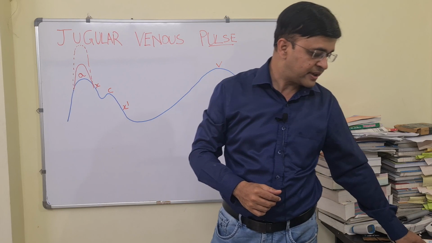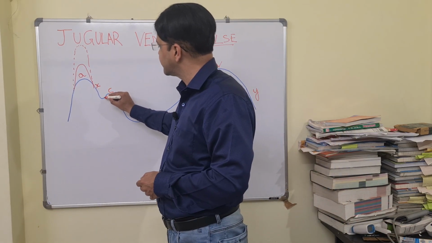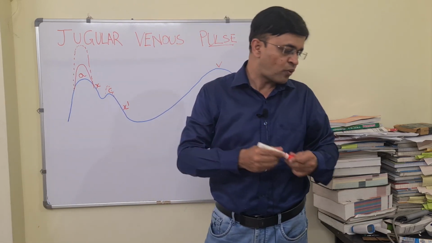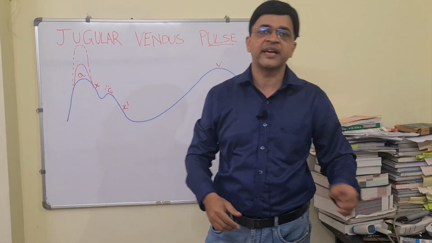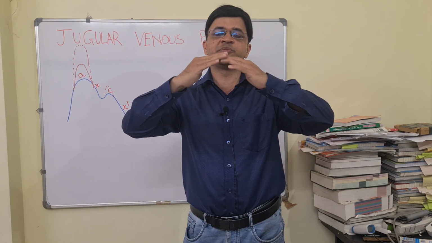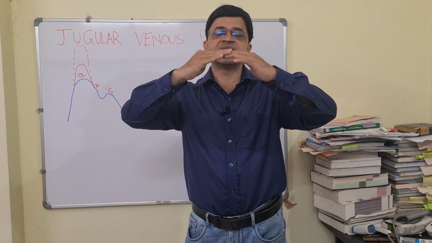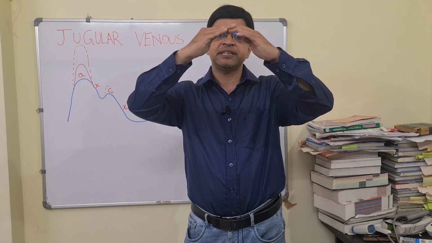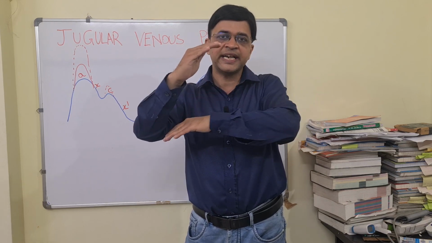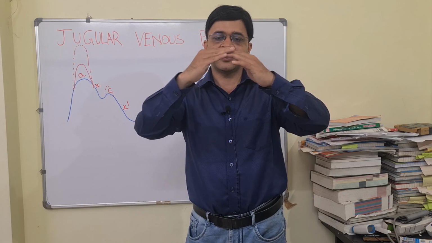Now coming to the next point, in which condition will you get tall C waves? For this, you need to visualize how and why you get a C wave. The C wave is because of bulging of the atrioventricular valve into the atria. Suppose you get damage to the chordae tendineae fibers.